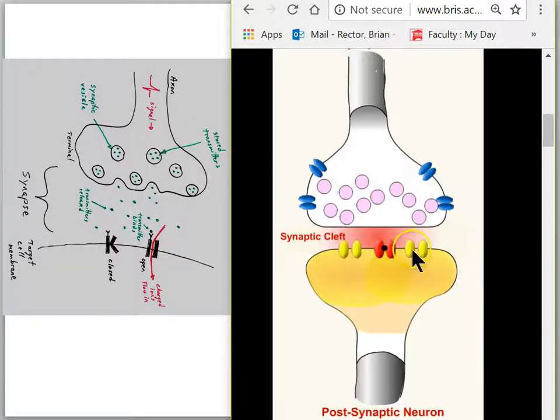And so the yellow coming in here would have been the electrical current, the ions rushing into the target cell. Action potential arrives, vesicles fuse, transmitter released, channels open, ions into the target cell.